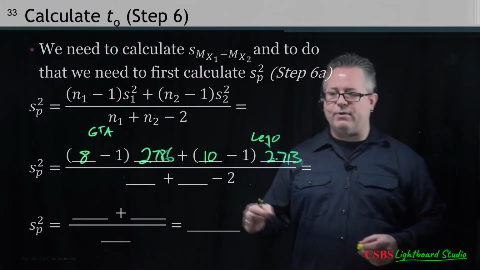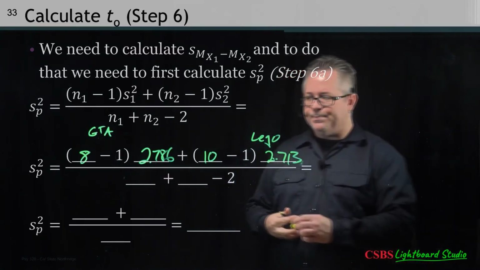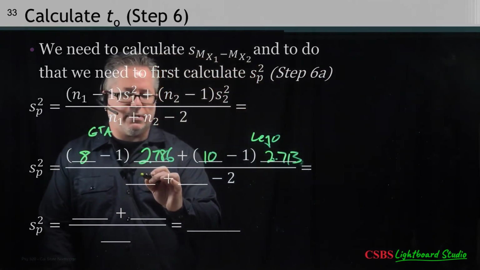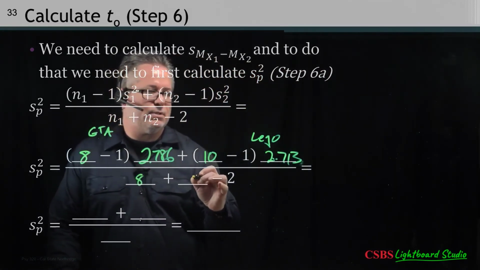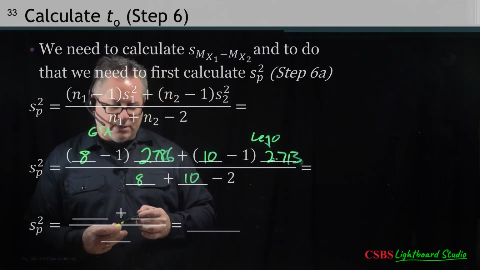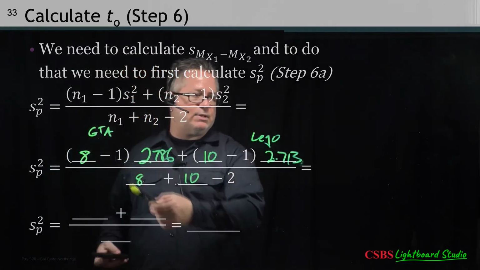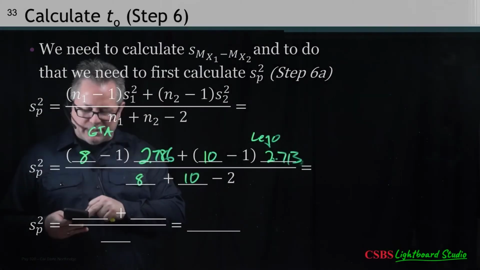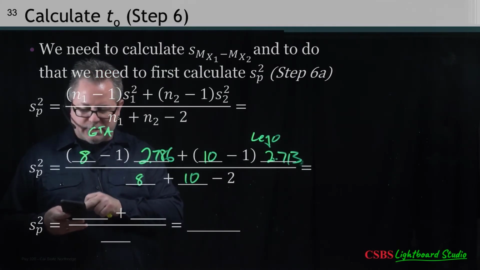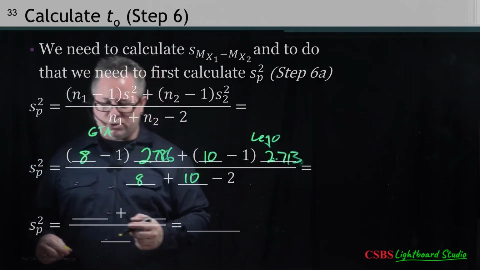All right, so this is the variance of group 1, variance of group 2. And then on the bottom, I'm just going to plug in the same numbers again. This is now going to be 8 plus 10 minus 2. Okay, so let's do this piece by piece. So 8 minus 1 is 7. 7 times 2.786 equals 19.502.